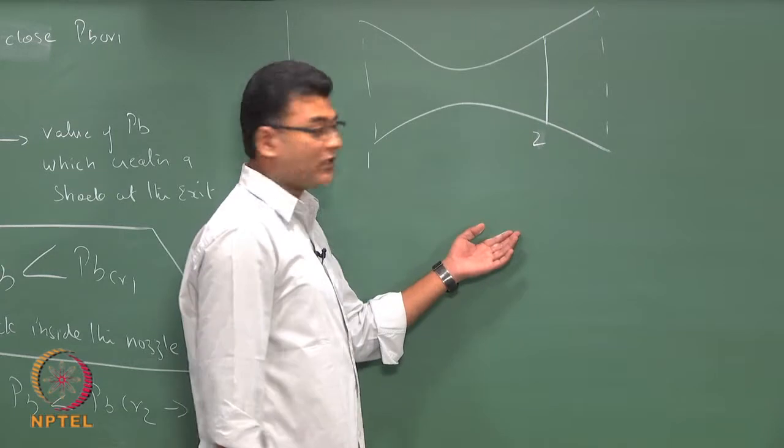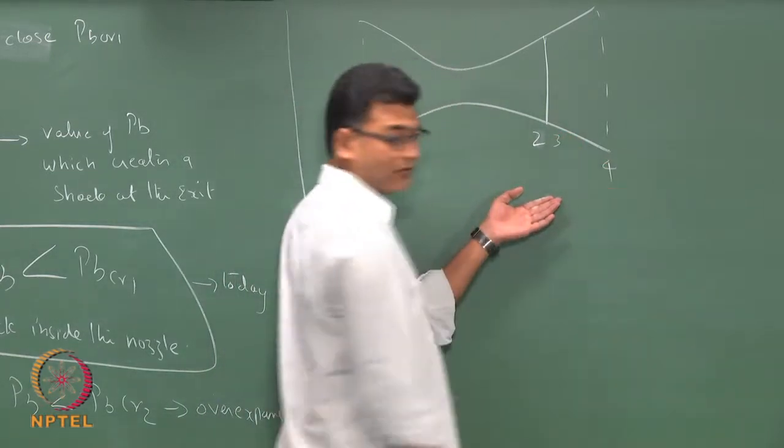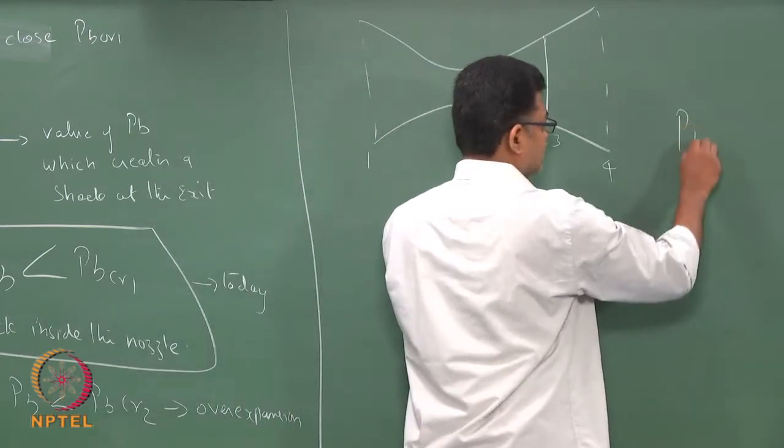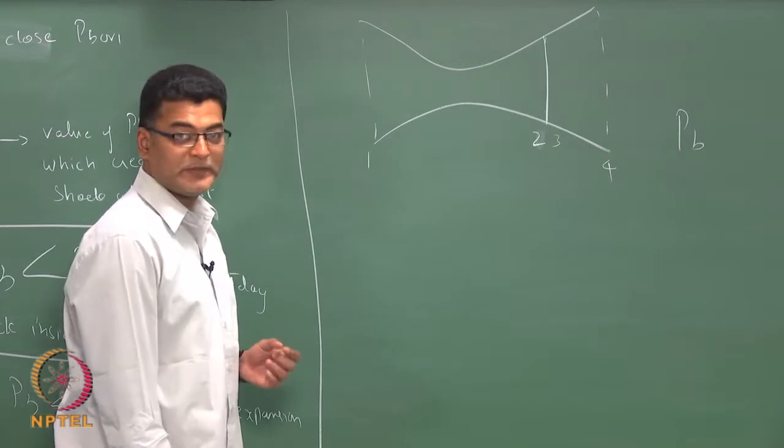At location 2 I have a shock, after the shock I call that location 3, and the exit is 4. And the back pressure is PB.